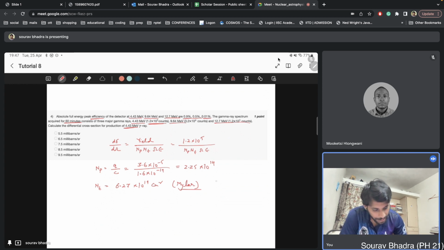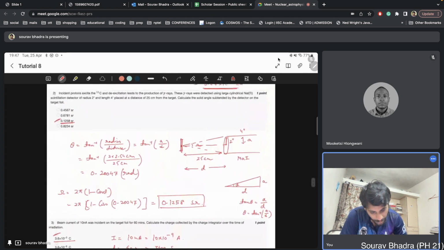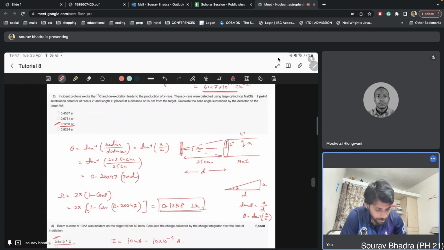Okay, and the efficiency for 4.43 MeV is given as 0.9%. 0.9% means, sorry, 0.009. Okay, and the solid angle which we have calculated in the third problem or second problem, that is 0.1258 steradian.